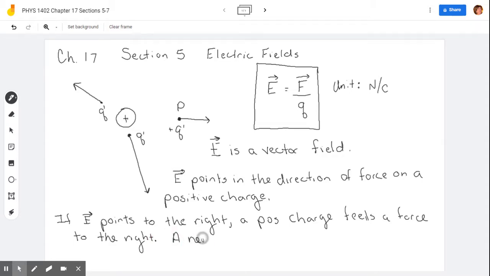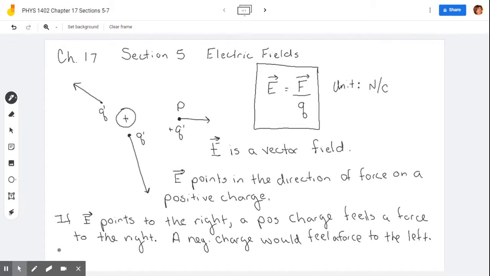A negative charge would feel a force to the left. And that's always true. If a positive charge is feeling a force in one direction, then a negative charge is going to feel a force in exactly the opposite direction.